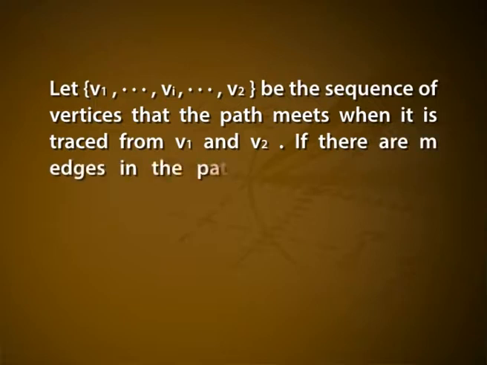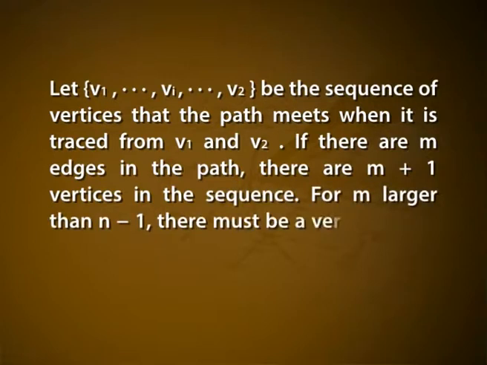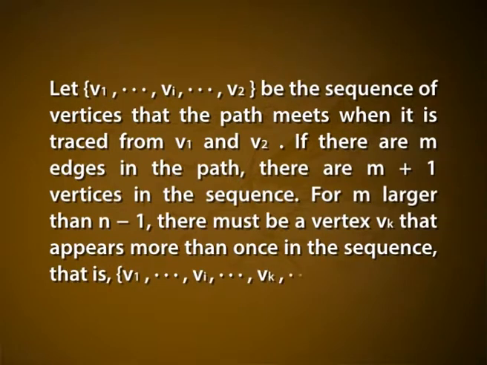If there are m edges in the path, there are m+1 vertices in the sequence. For m larger than n-1, there must be a vertex Vk that appears more than once in the sequence, that is, the sequence will be {V1, ..., Vi, ..., Vk, ..., Vk, ..., V2}.